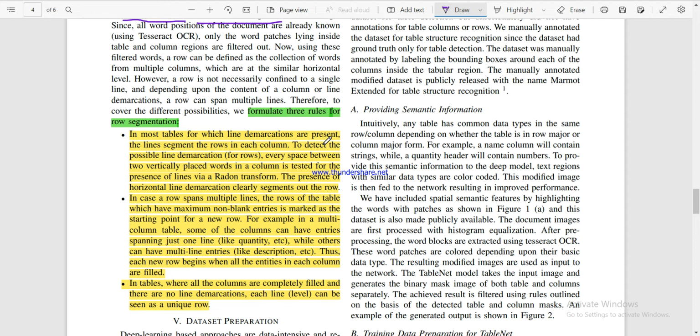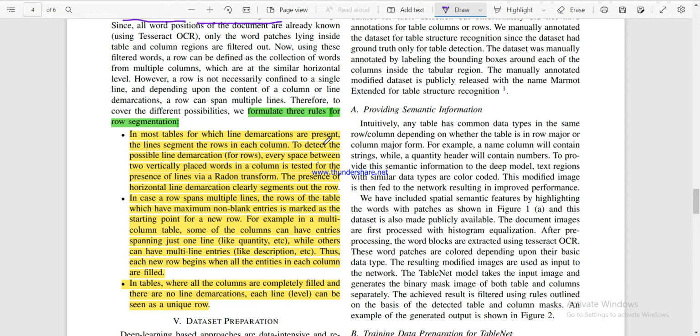To detect the possible line demarcation for rows, every space between two vertically placed words in a column is tested for the presence of lines by a Radon transform. So the presence of horizontal line demarcation clearly segments out the row, right?